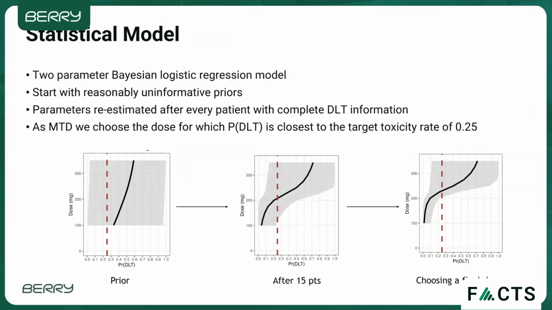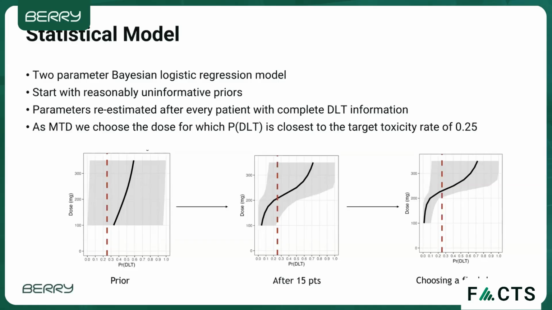Okay, let's talk about the prior and the statistical model being used here. So this is, of course, a 2-parameter Bayesian logistic regression model, where, as you've seen before, we started with reasonably uninformative priors, and I will show you in a moment, in fact, exactly what the priors were. And of course, as you know, the parameters are going to be re-estimated after every patient with complete DLT information. And then in the end, the MTD that we choose, so all of the dose escalation algorithms, they have some way of choosing the MTD estimate in the end.